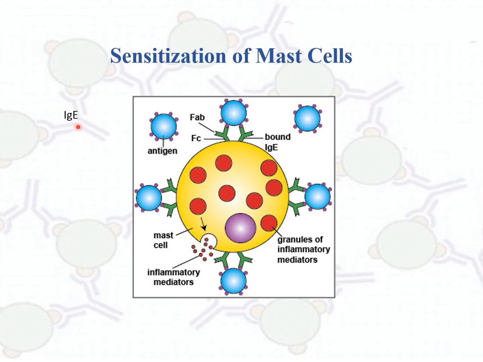IgE binds to the surface of mast cells and vesicles and promotes an inflammatory response. These IgE are bound to the surface of the mast cells, the vesicles, by means of their Fc region. However, their Fab region is free.